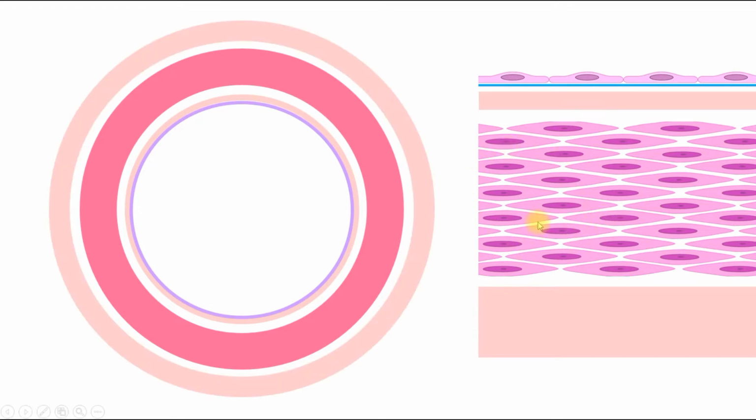The next layer is tunica media, the middle layer of the wall of the artery and vein. It usually contains smooth muscles, but it may also contain different elastic fibers and elastic membranes, and it depends on the type of artery and vein, and we will discuss this later. The outermost layer is composed of loose connective tissue, and it's called tunica adventitia.